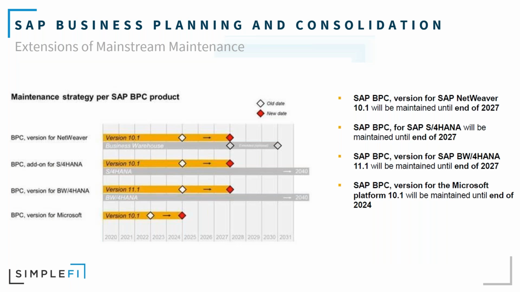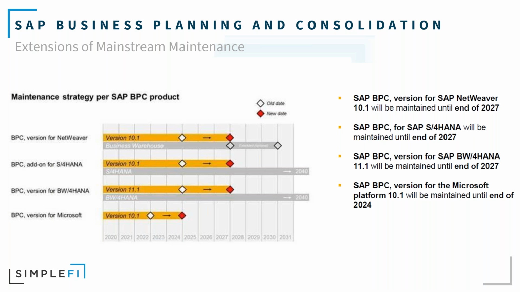Again, this may not be new information to those of you that are using BPC today. As far as the mainstream maintenance and end of life, the last time I checked, these dates should be good, as well as the support, based on the version that you're on.